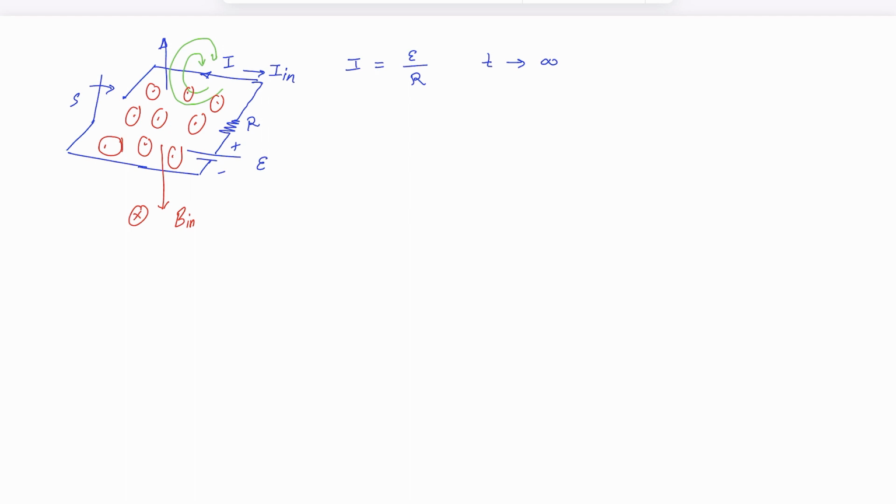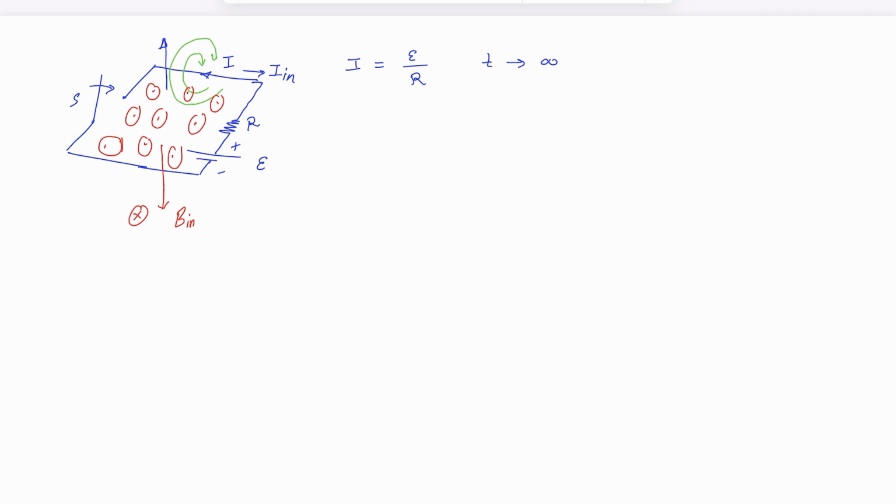So the point is, because of this current that was trying to increase from zero, there is a flux that is also trying to increase, going upwards out of the plane of the circuit. That's why there is an induced magnetic field into the page, opposite to the direction of the magnetic flux. So because of that, there is an induced current in the opposite direction of the current.